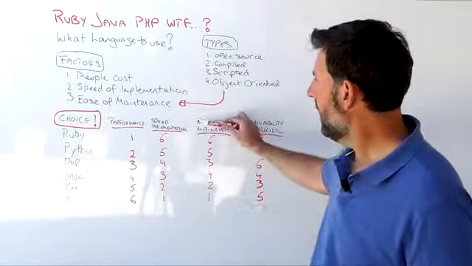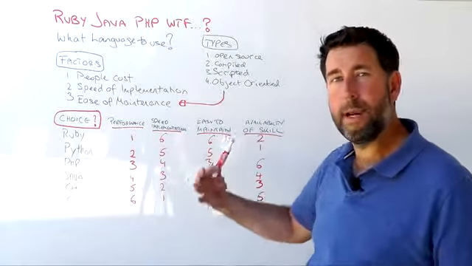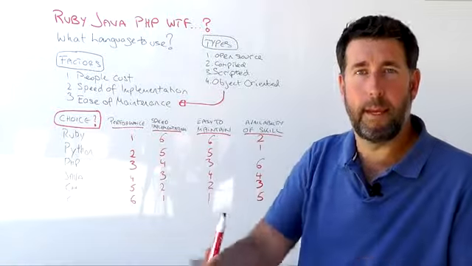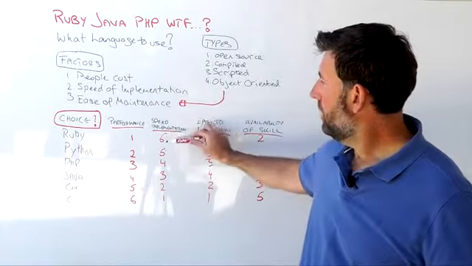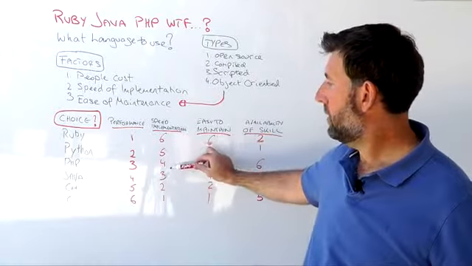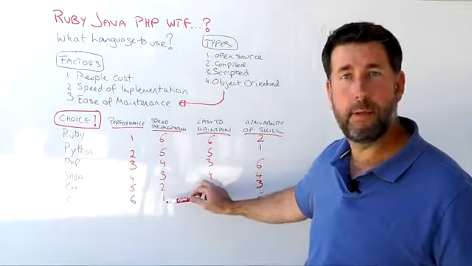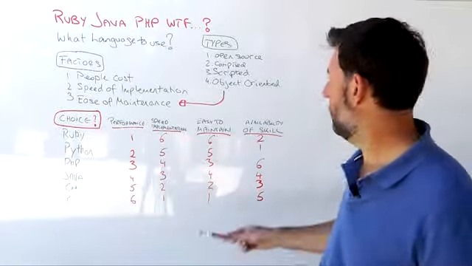For speed of implementation, in other words how quickly a developer can build something and get it out there, putting aside their knowledge, Ruby and Python are the fastest to build things. Then comes PHP, and then Java, C++ and C, which take longer to build applications with.